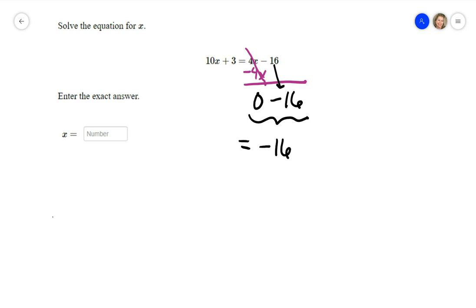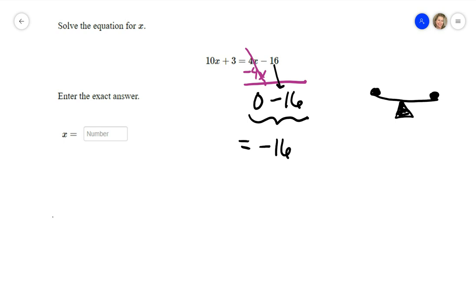But this is an equation, which means it's balanced. If the left side equals the right side, imagine, if you will, you have a scale or a seesaw, and you've got some weight on one side and some weight on the other. If they're the exact same weight, it's balanced, okay?